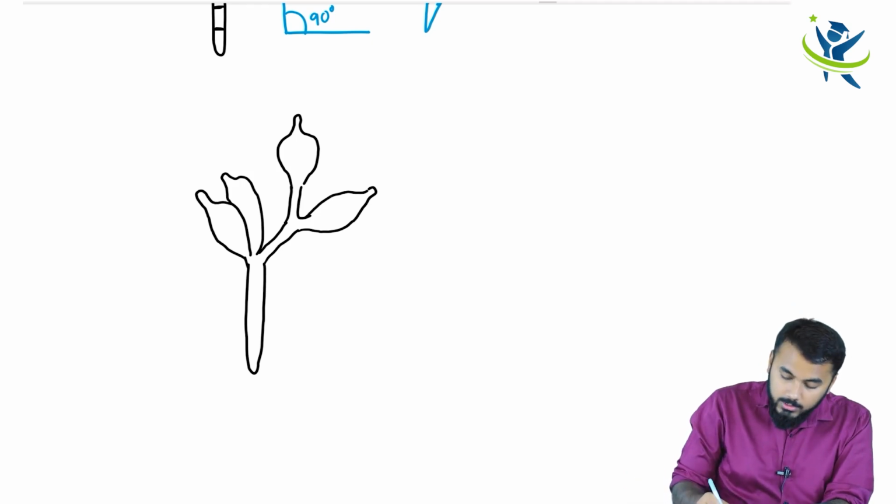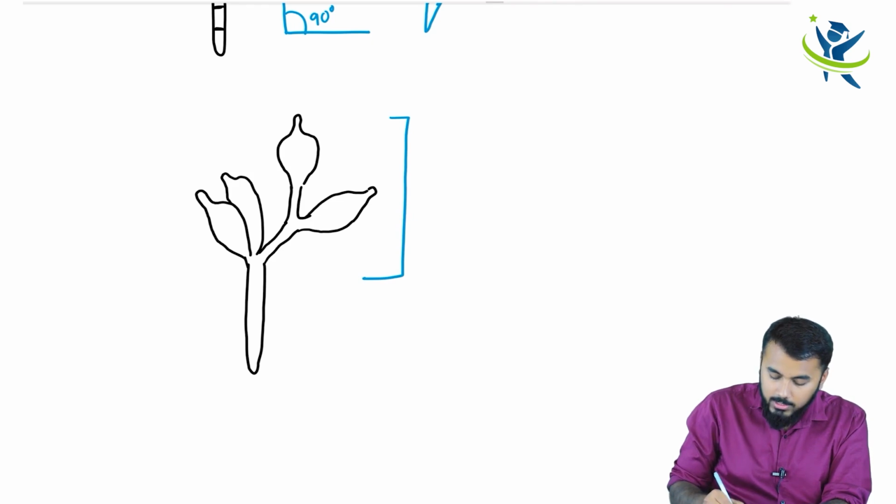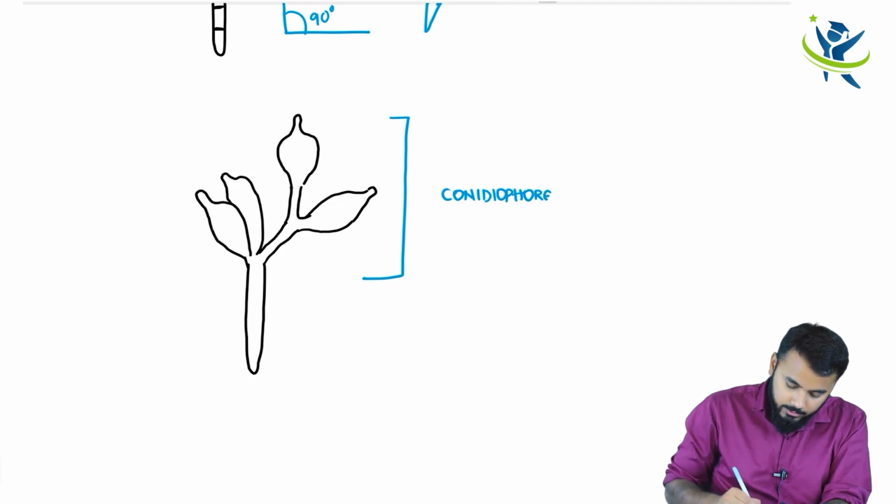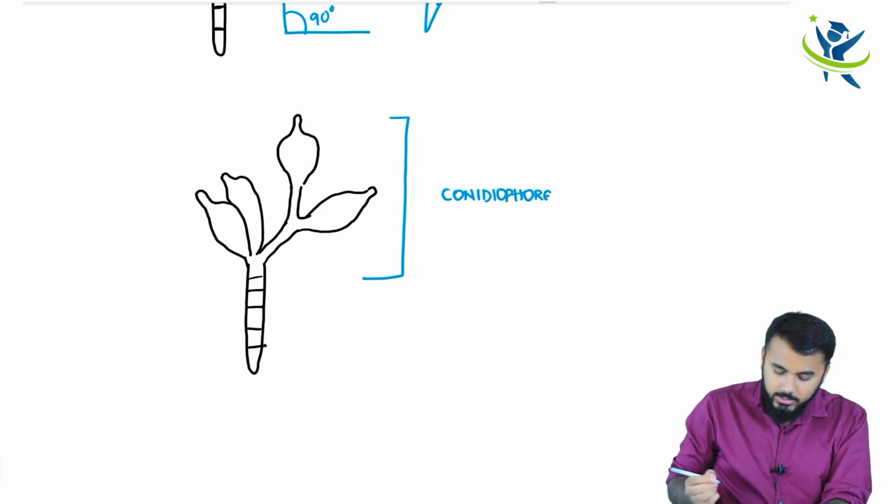These structures, from here all the way to here, whatever I've drawn, are called the conidiophore. And obviously don't forget to draw septa in between, right? So this is a septate hyphae.